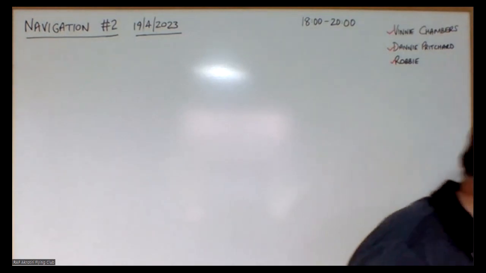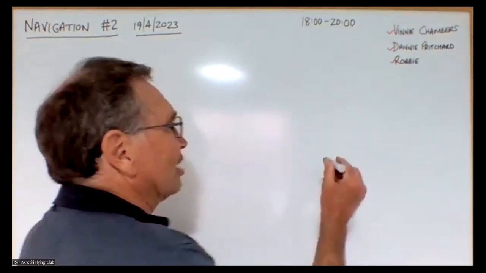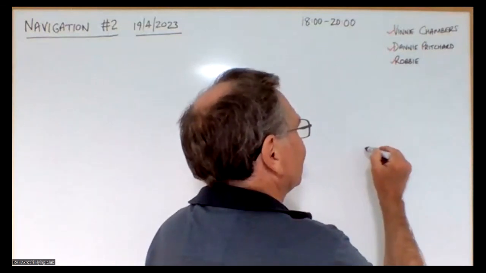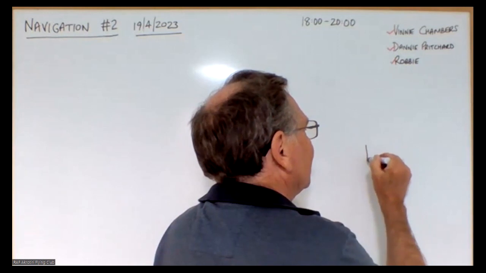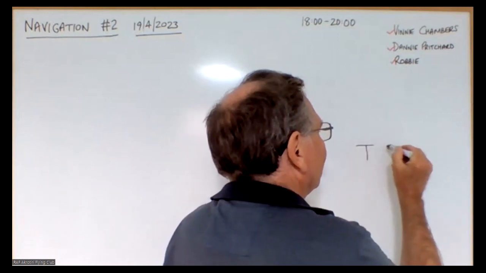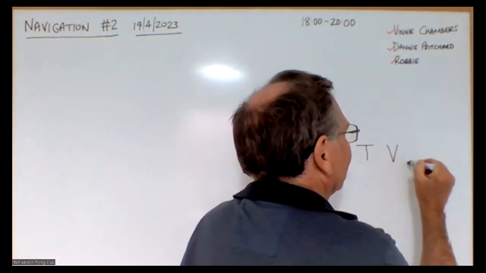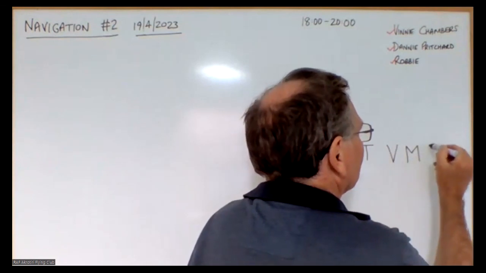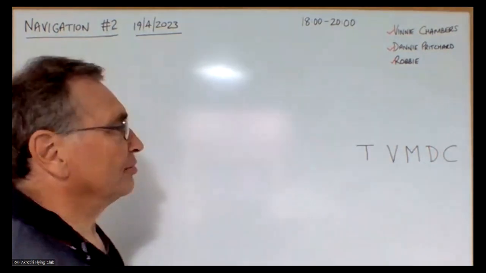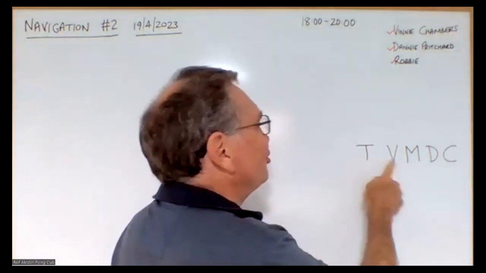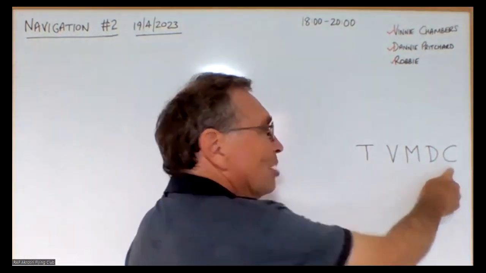One of the things that we write on the working out sheet is some letters. You write T, B, N, D, C, which is True Virgins Make Dull Company.